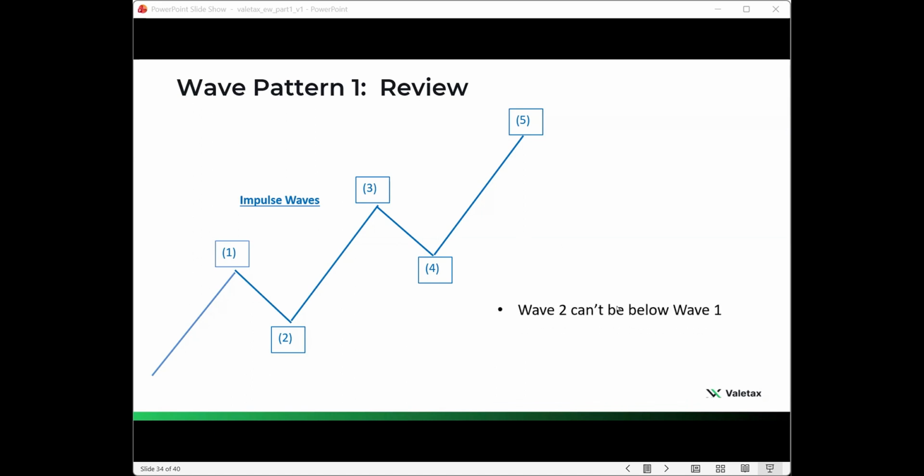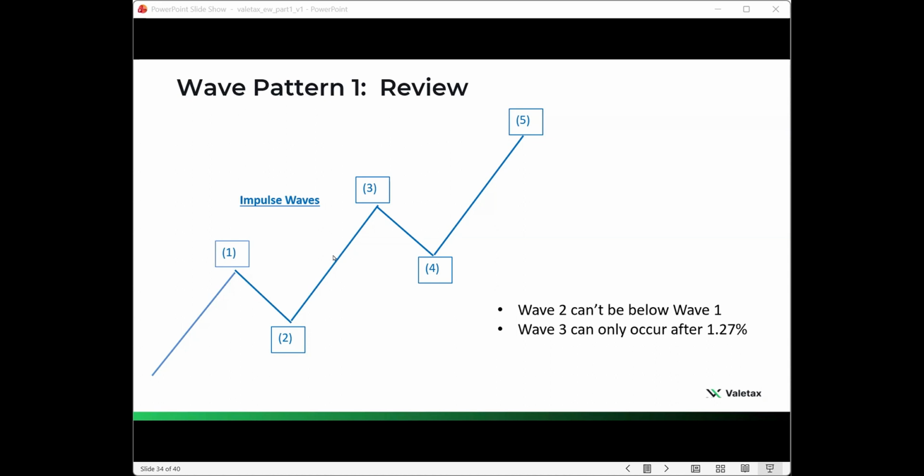But just to refresh, from our first workshop, wave two here cannot close below the baseline here at all. Okay. Wave three, which is this here, this is the institutional wave, can only occur after 127%. Okay. And the reason why is if this comes here, right there, and stops at 127%, it's not the institutional wave.